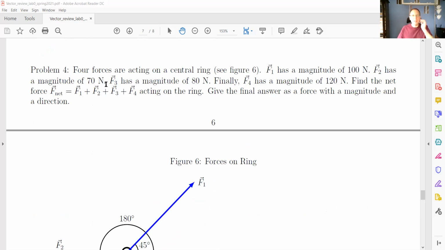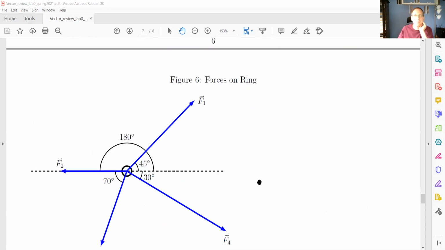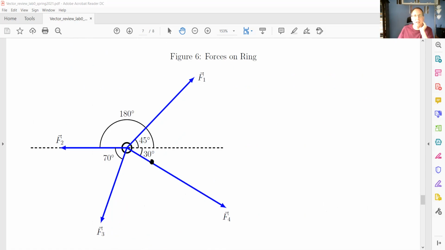So 4 forces are acting on a central ring. I'll show you the figure in a second. You're told the magnitude of each force, and you're given the direction in the picture of each force. So here's F1, it acts at 45 degrees above the positive x-axis, and you're given the magnitude in the problem. F2 is 180 degrees, so it's acting exactly along the negative x-axis.